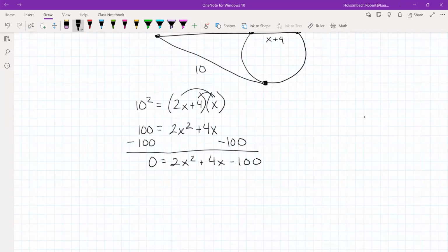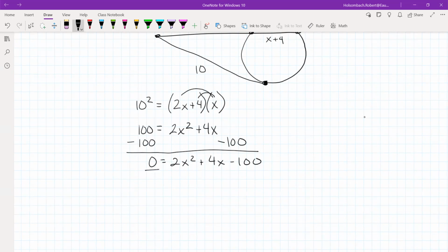Now, moving forward, do you notice anything about the right-hand side of this equation? They're all divisible by 2, right? So to save yourself some time moving forward, simplify the equation.